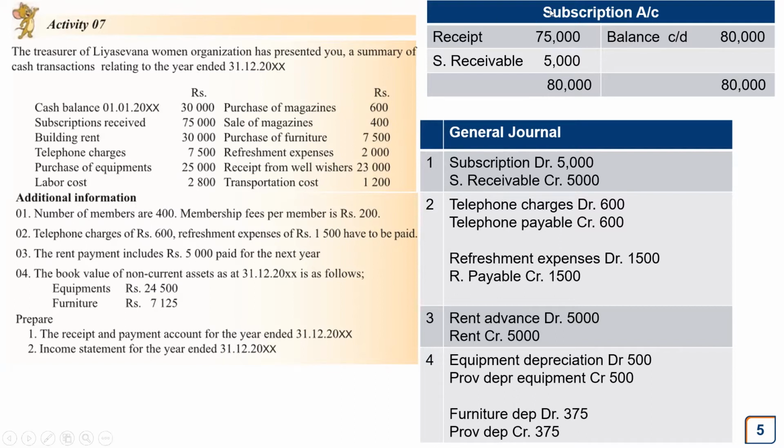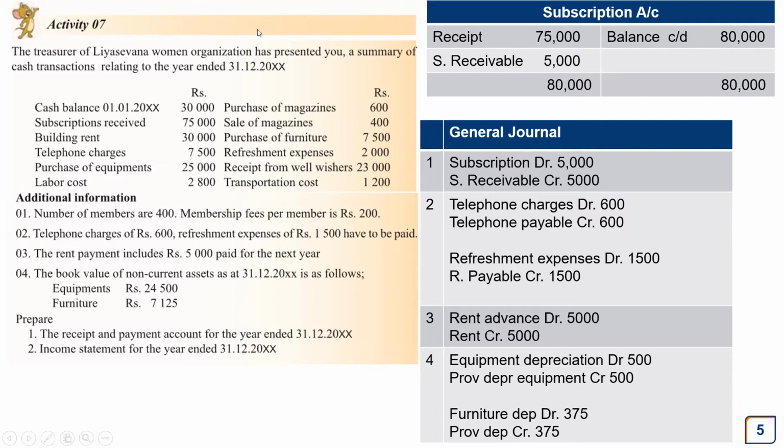If you look at the subscription account, receipts are 75,000 and a receivable of 5,000 is there. So the general journal entries will be subscription debit 5,000, subscription receivable account credit 5,000, right? Those will be the entries you have to consider first.